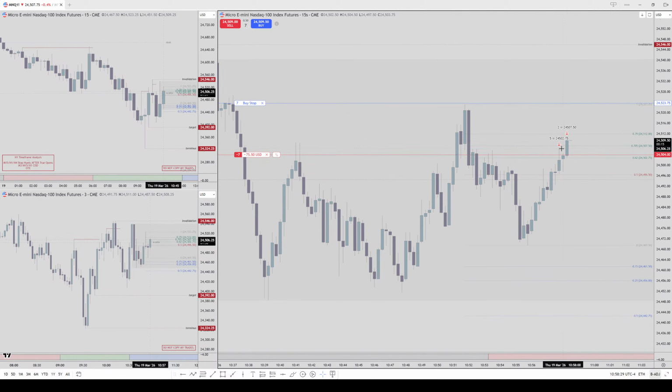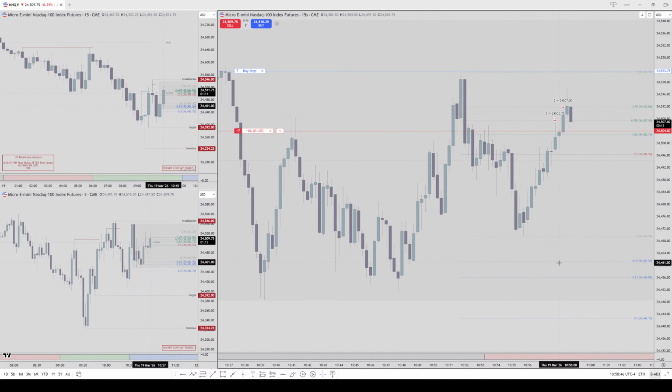Okay, we have a stop on right here. Let me see. I'll take 2 contracts off here. No, sorry. Maybe 3 contracts off here at 2R, and 2 contracts at this low right here. 1 contract down here, and then the other one at the target.